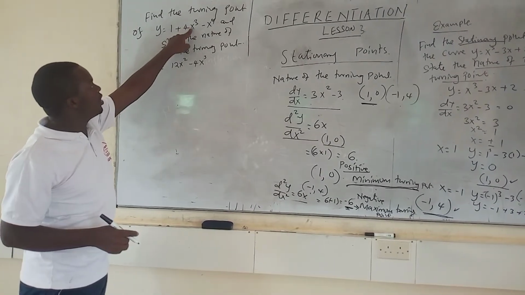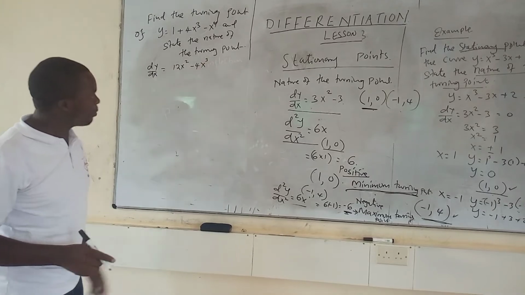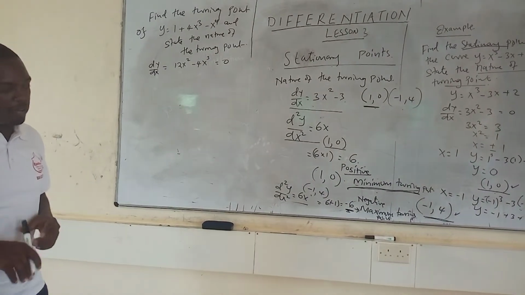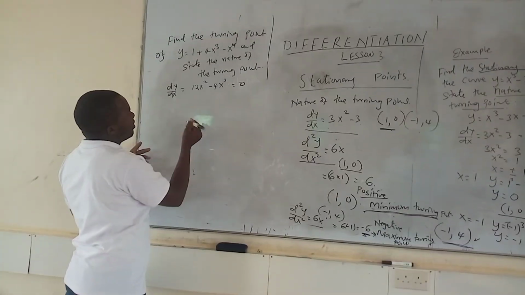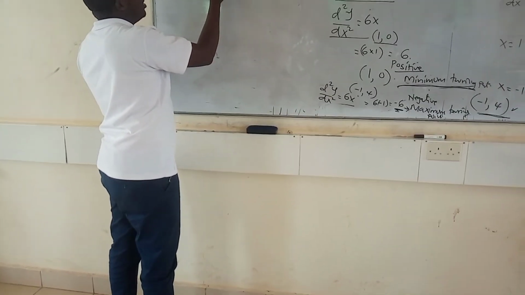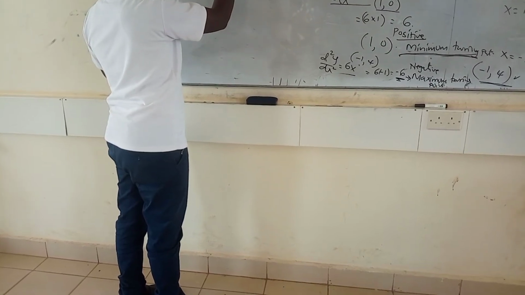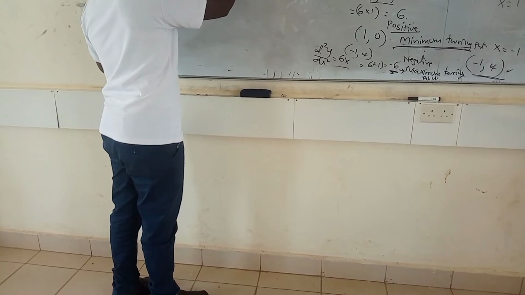So after differentiating, I get 12x squared minus 4x cubed. Then I equate this to 0, because at all these turning points the gradient is 0. So I can solve this. There is something common: I can factor out 4x squared, giving 4x squared times (3 minus x) equals 0.